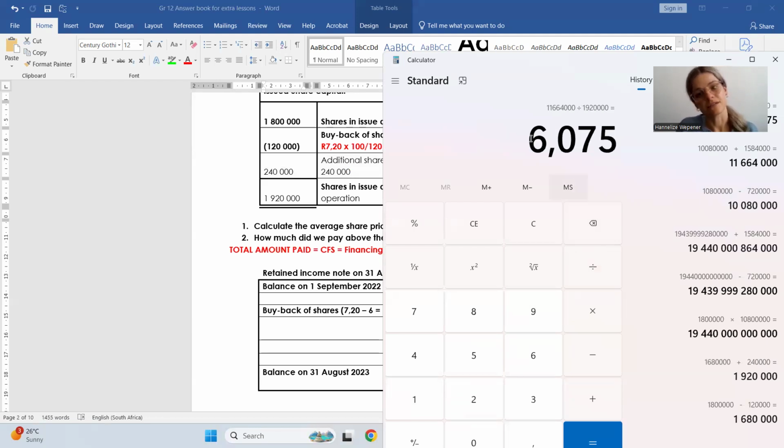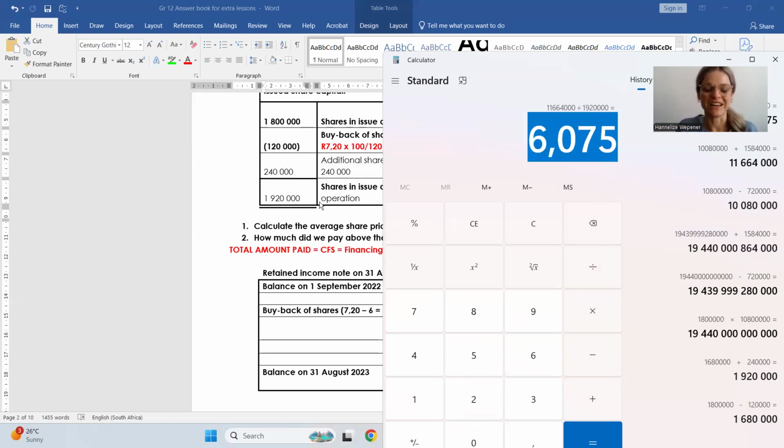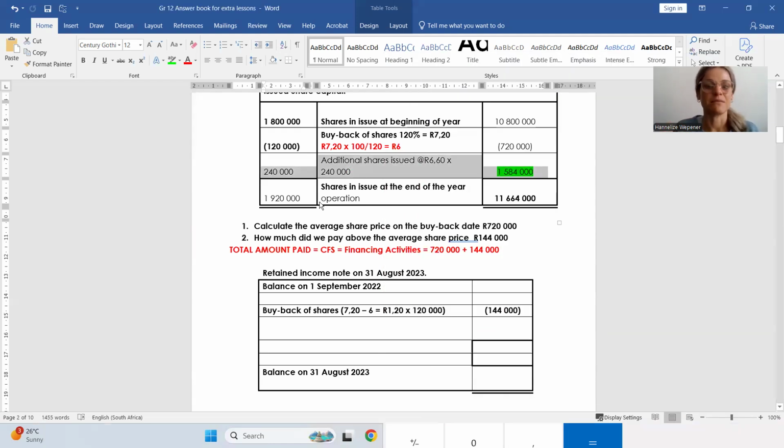So see, now it's a little bit more. So my average share price increased by a little bit. So that is now the amount that I would use if another buyback occurs. Because once again, I can only remove what I've included in this account, and what I included in this account resulted in my average share price now increasing.